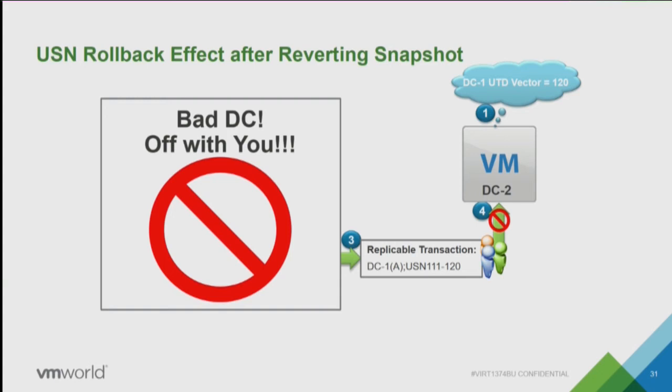Because we make it very easy for you to take snapshots and for you to replace snapshots. We make it very easy for you to say, oops, I deleted something yesterday, let me go get the old snapshot. When you restore that, you are bringing back already used USN. And then when you populate that, you are going to either try to pollute your forest, or you're going to have disconnected DCs that don't talk to each other anymore.